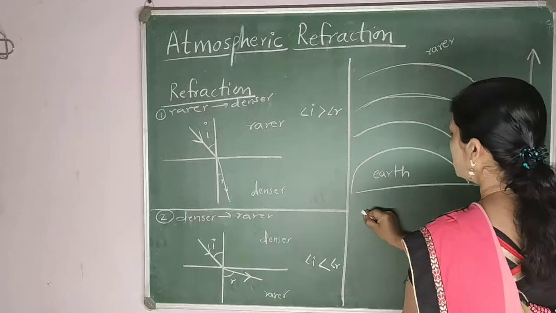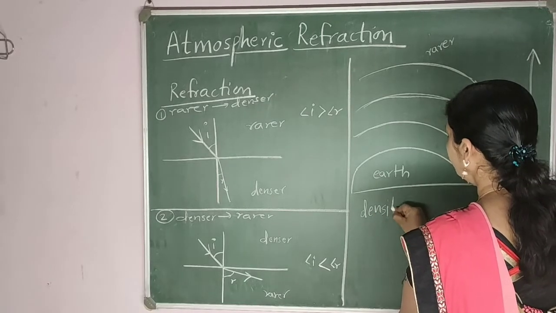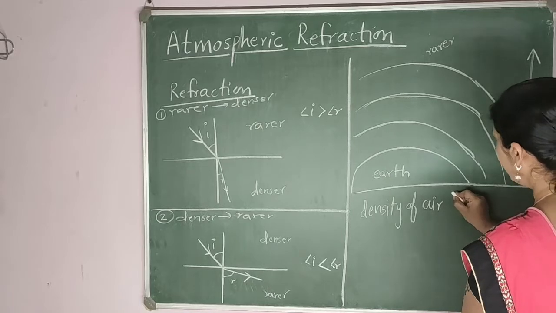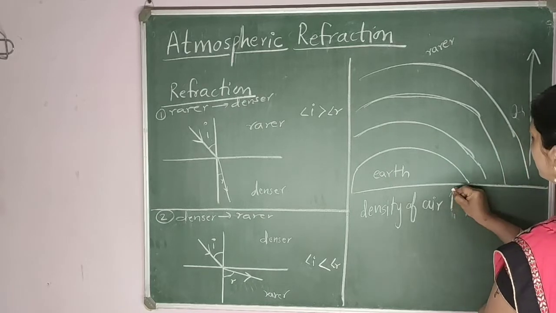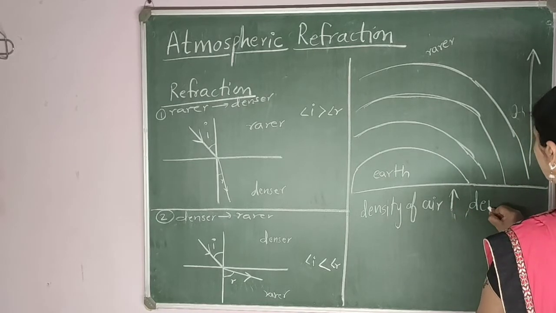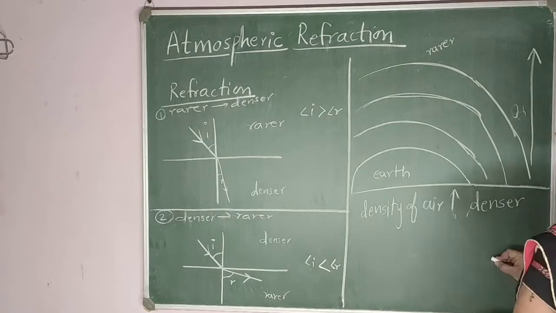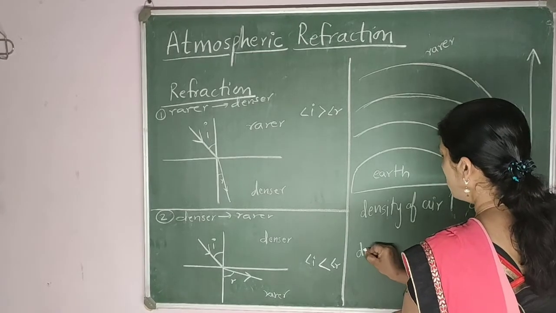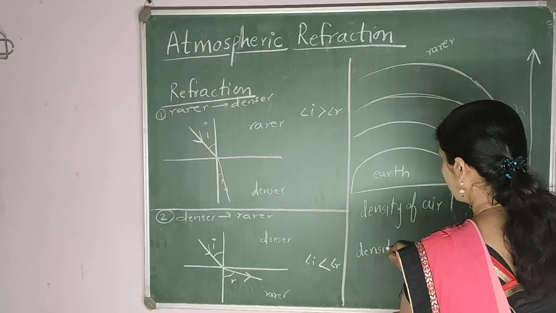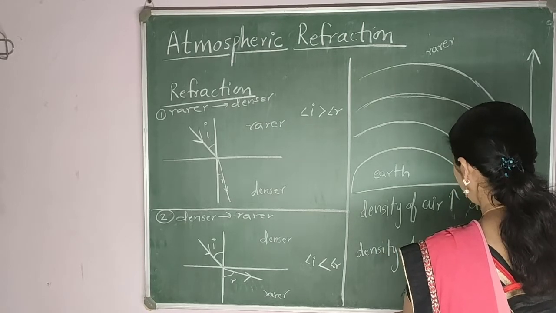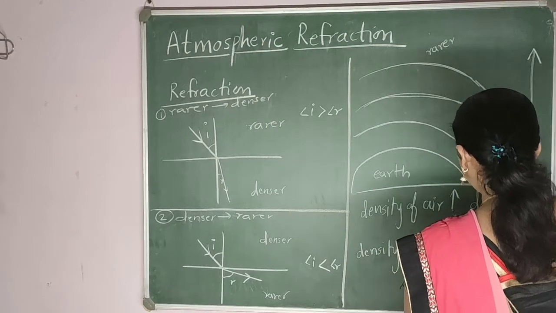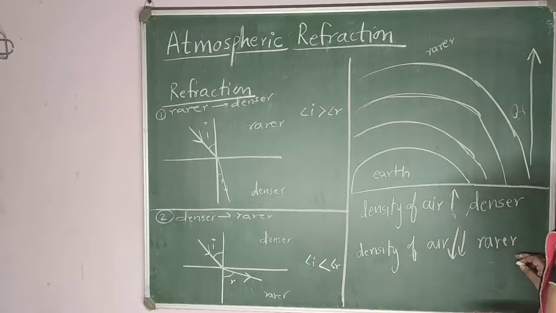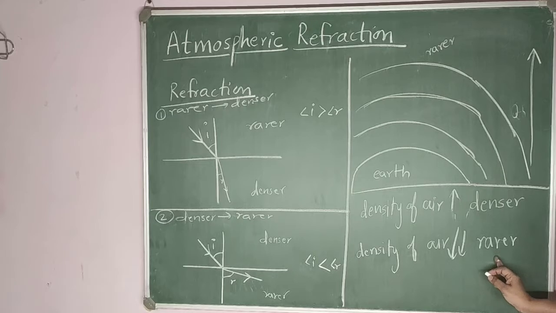If the density of air is greater, then it is a denser medium. Its refractive index is greater. And if the density of air is less, then it is a rarer medium. That means its refractive index is less.